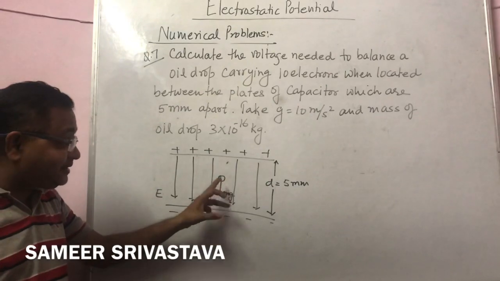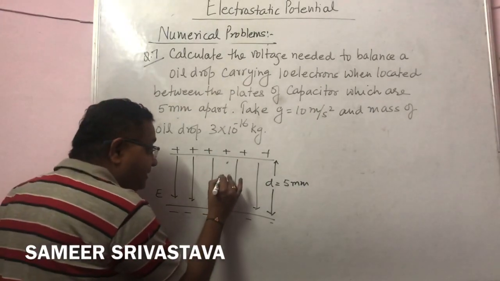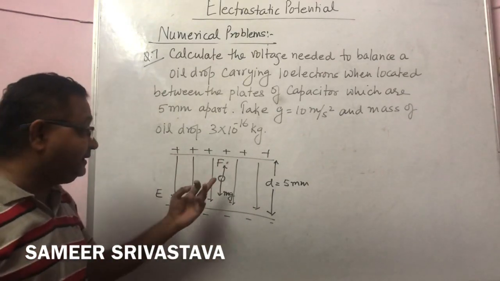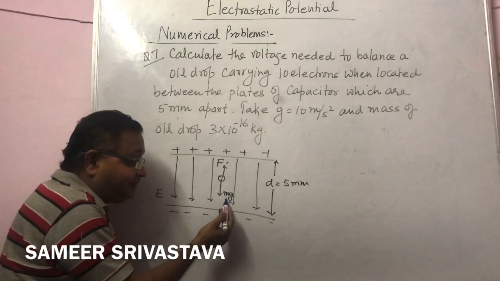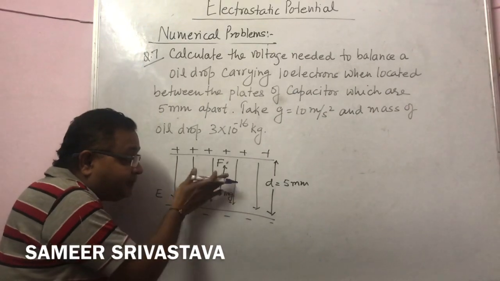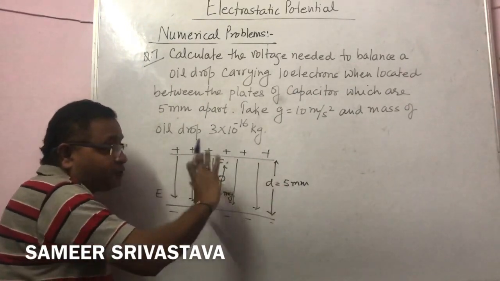To balance the drop in between the capacitor plates, a force F acts in the opposite direction of the electric field. This force balances the weight of the oil drop, right? So that the drop remains stationary in between these two plates.